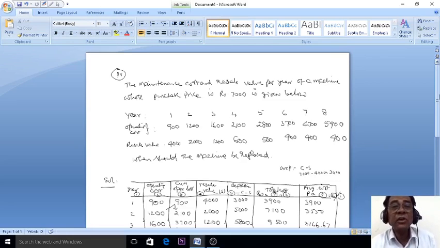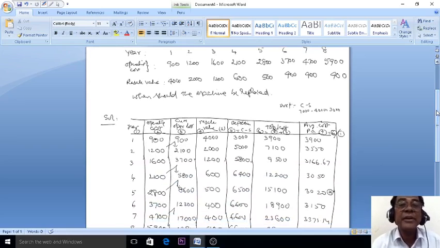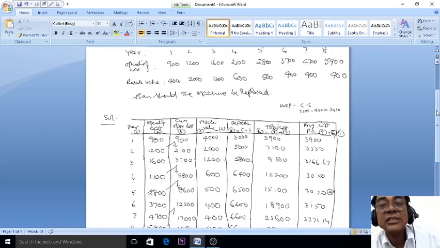Okay. Now this tabular form is constant. So what are the columns? Year, operating cost, cumulative operating cost, resale, depreciation, total cost, average cost per annum. The year is given in the question up to 8. Operating cost is given: 900, 1260. You write down here. Cumulative: what is the meaning of cumulative?